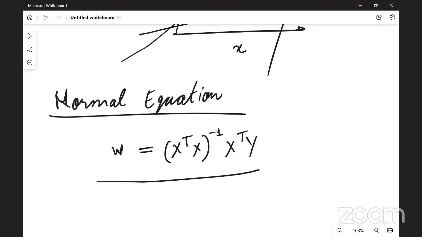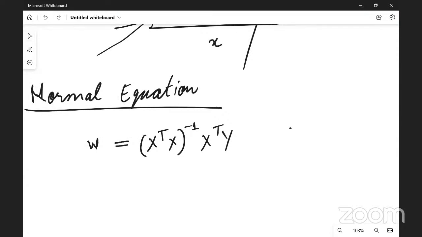So if you ever want to learn a short trick of remembering, just start with this. This is what you want to achieve, right? Then multiply it. We cannot take the inverse of X all the time. If X were a square matrix and its determinant was not 0, you could have directly written something like this, but that's not the case.